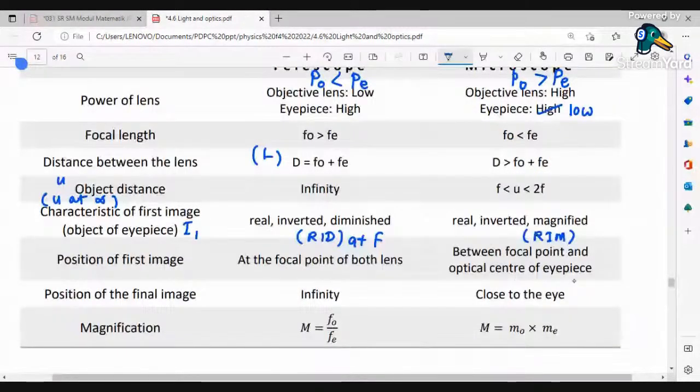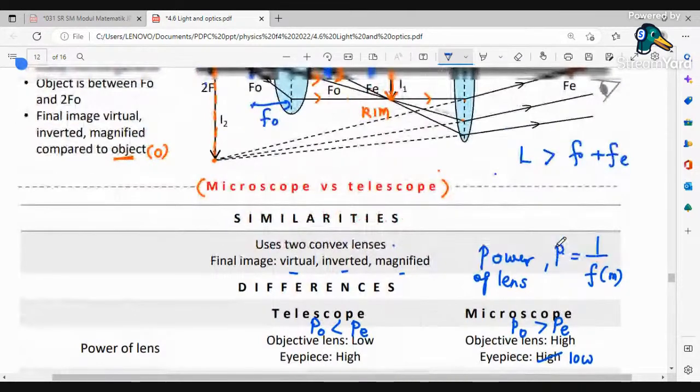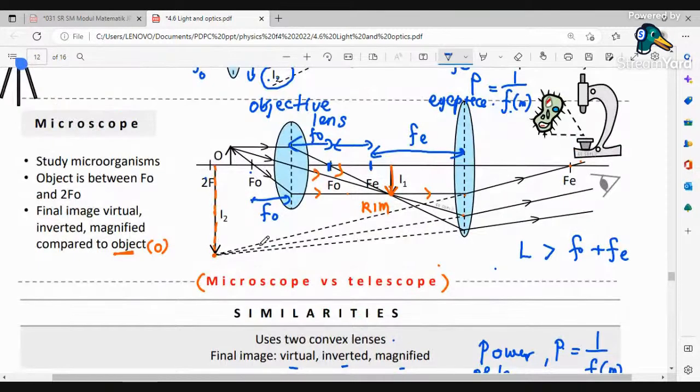Okay, the position of the first image, because the first image is produced by the objective lens, so maksudnya dia punya position of image is more than 2FO, lebih daripada 2FO. Position of final image infinity. Okay, untuk yang teleskop. Kalau mikroskop, tengok balik mikroskop. Okay, so ini adalah final image.